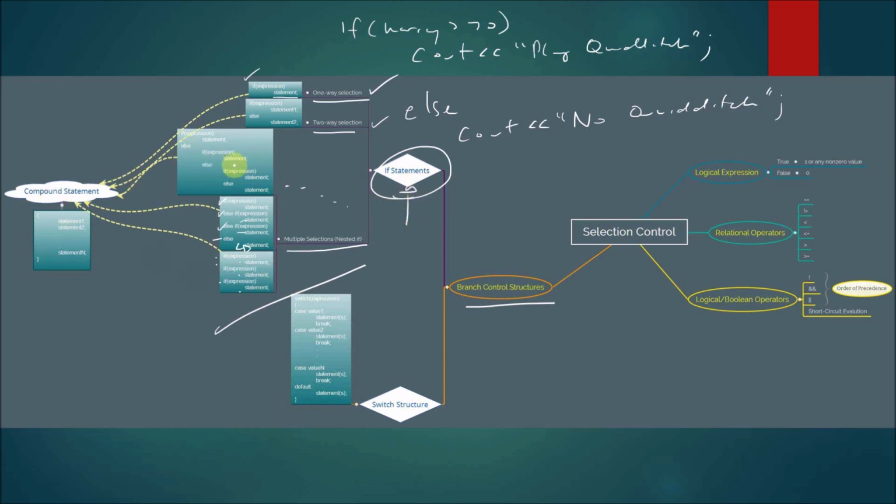And within each of these statements that you see here, if you needed to, you can actually incorporate what's known as a compound statement. So if you need to execute more than one statement, then you create what's known as a compound statement. Because if you brought this cout statement up here, and just said if and you didn't have an else, it would be the same thing as saying if else, because if Harry is greater than 70, cout play Quidditch.